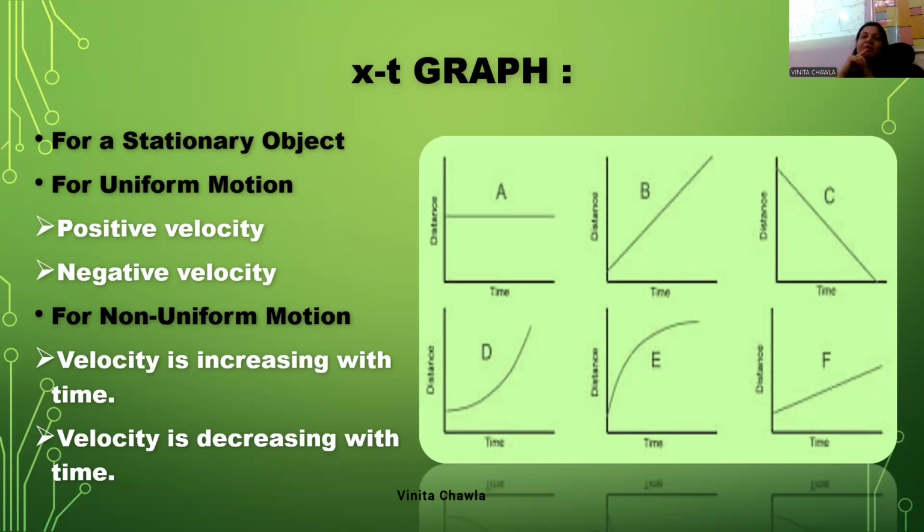From a position-time graph, when we find the slope, what do we get? Speed or velocity, that depends. If we have distance-time, we can find speed, and if we have displacement-time, we can find velocity. So slope gives the speed or velocity. Which graph represents greater speed or velocity? B or F? B represents greater velocity because its slope is greater.